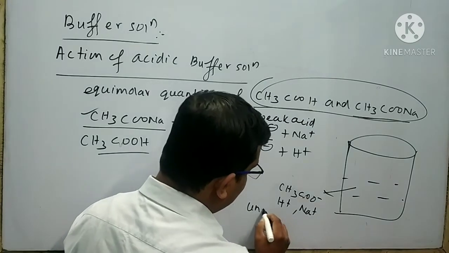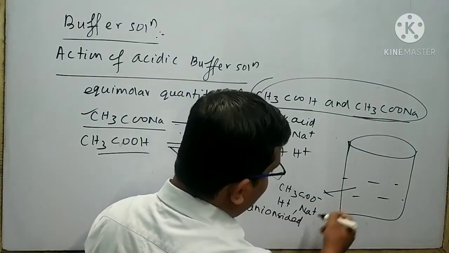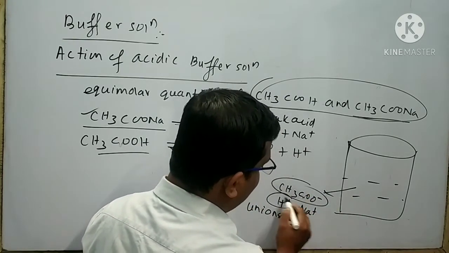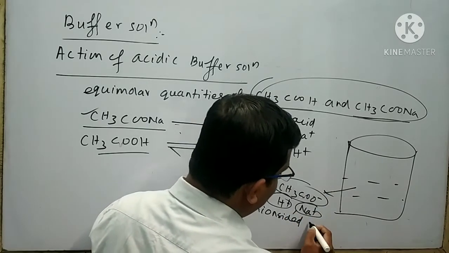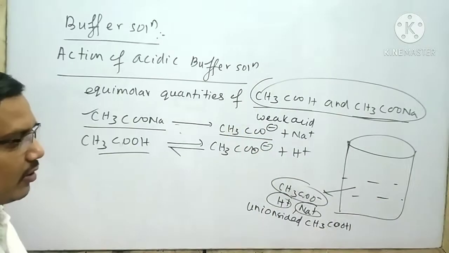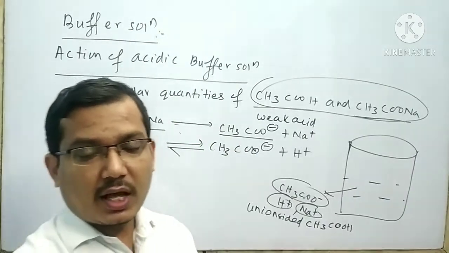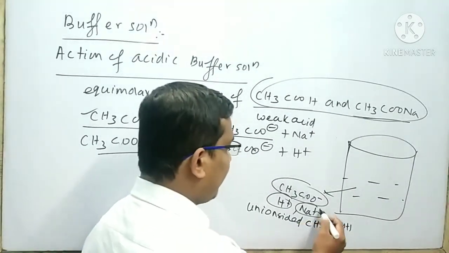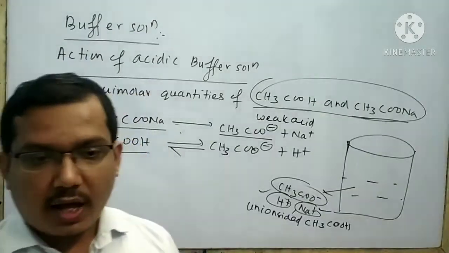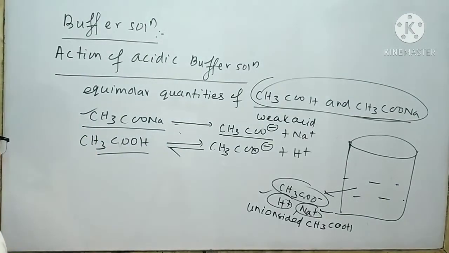The species which are present in this beaker are CH3COO minus, H plus, Na plus and unionized CH3COOH. So I can think that in this type of buffer solution, the concentration of Na plus, H plus, CH3COO minus and unionized acetic acid molecule is large.